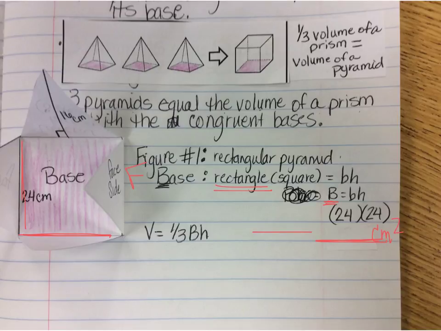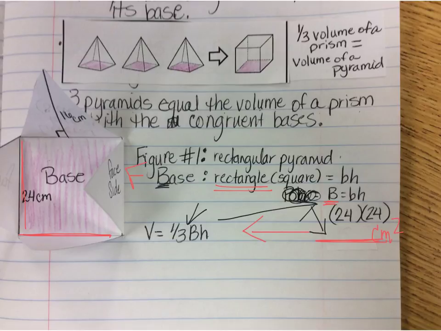Once you have the correct numbers, you can then find the volume. And when you find the volume, you're going to have the formula, which you should find on your formula chart. The volume equals 1/3 times capital B, and that capital B, remember, is the area of the base.